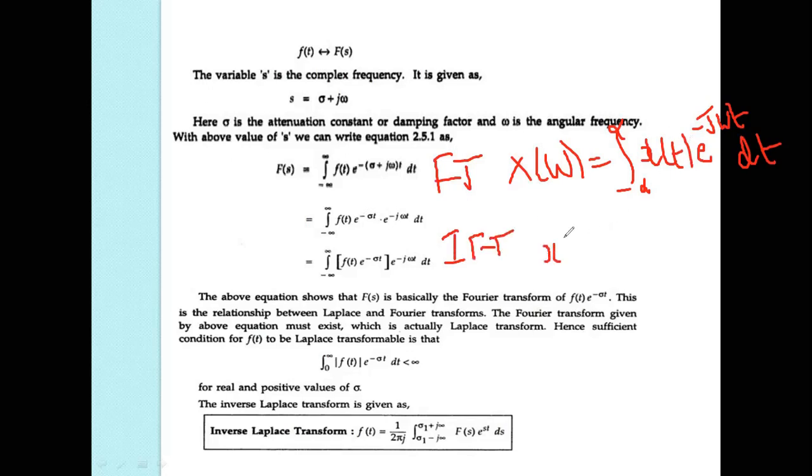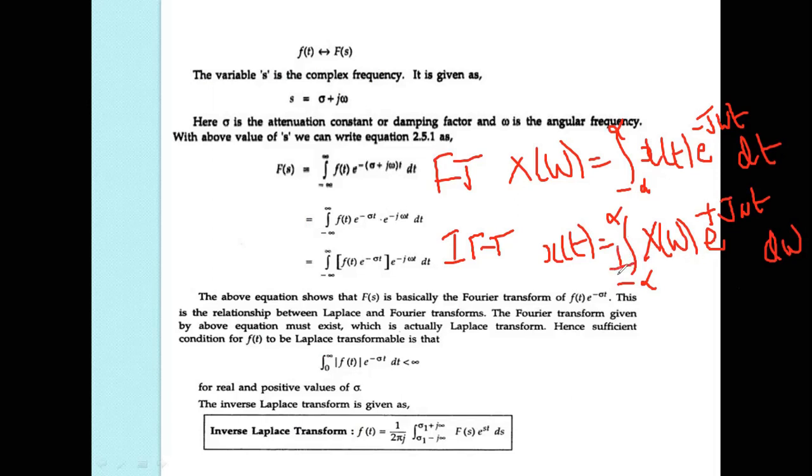Here x of t is equal to the integral from minus infinity to infinity, now X of omega as an input, and the negative exponential becomes a positive exponential, e power j omega t, with respect to the frequency. Because X of omega is a frequency signal, we apply the integral with respect to frequency; if the signal is in the time domain, we apply the integral with respect to time only. And 1 by 2 pi also.